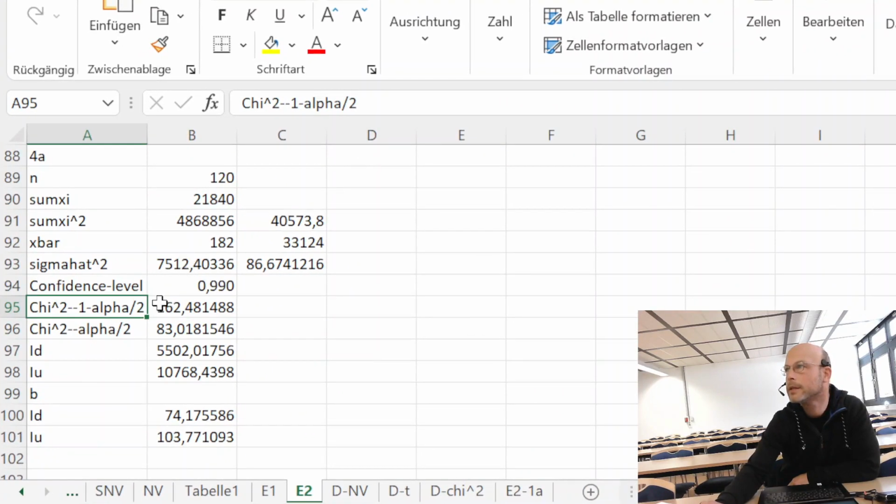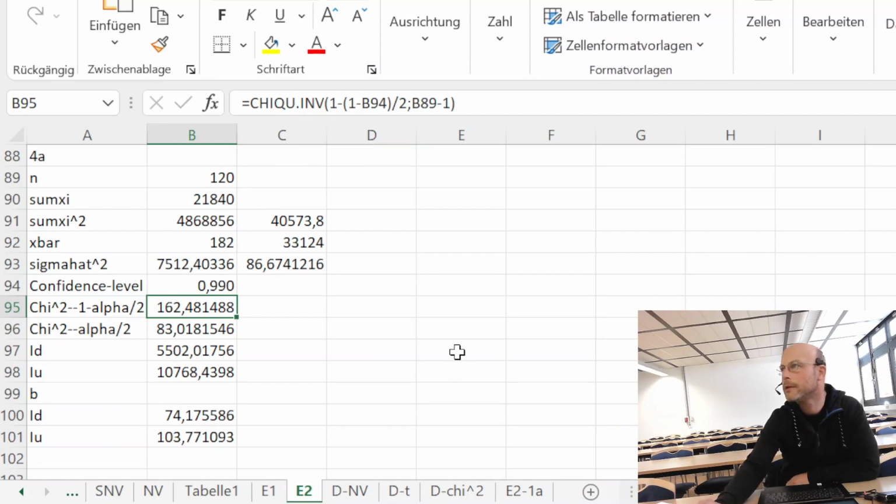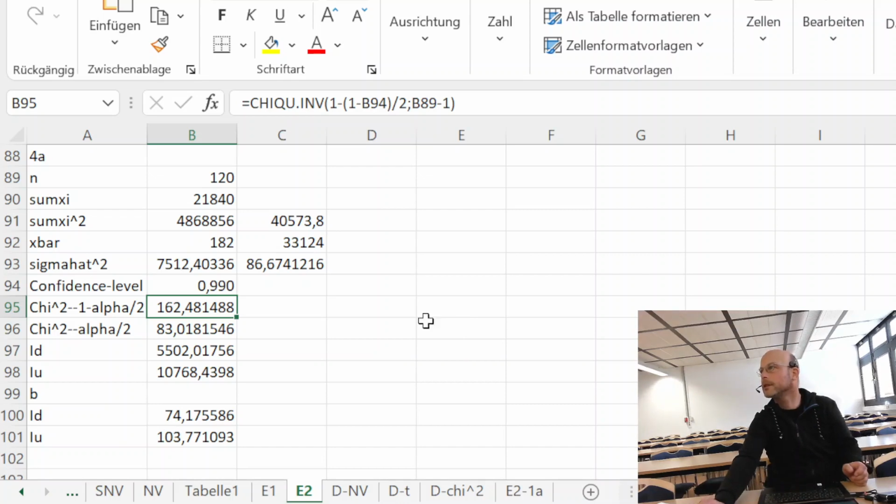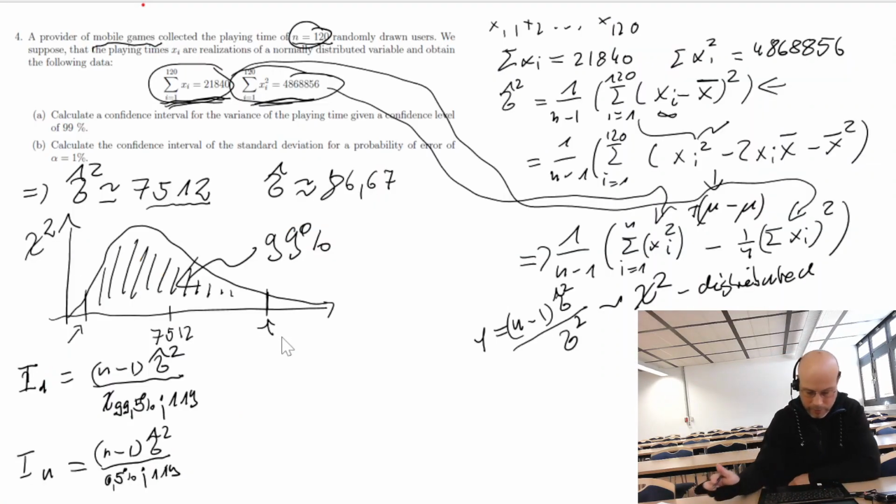So these chi squared 1 minus alpha and 119 equals approximately 162.5 and 83. So let's also write this down.